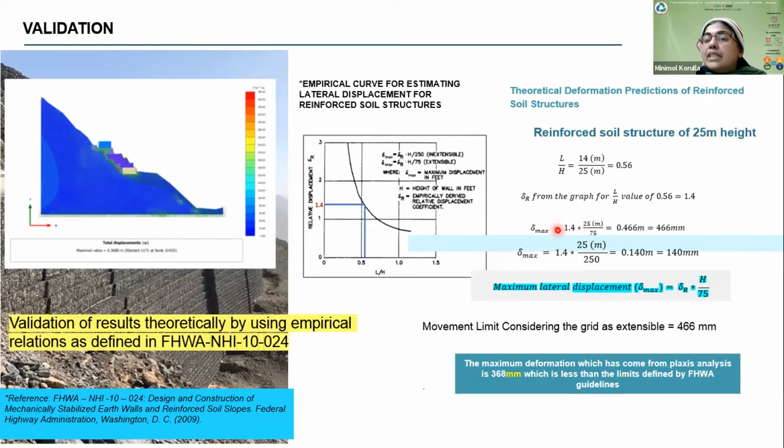Using this, the maximum possible deformation that can happen is 466 mm. So the FEM result was less than this limiting value predicted using the empirical curve given in FHWA NHI 10024. This validation is also quite important.